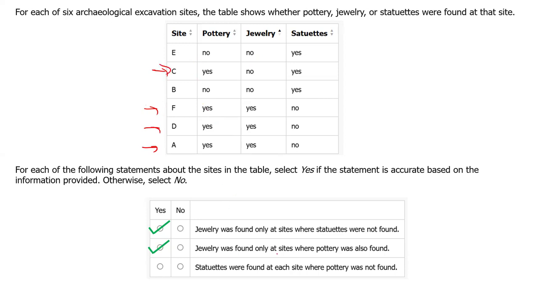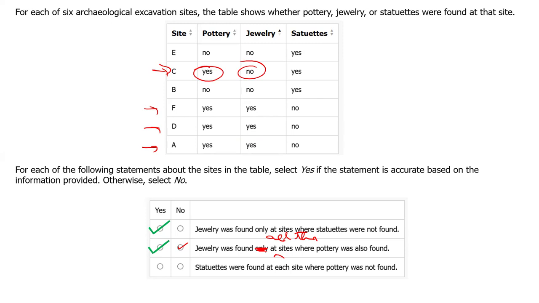In fact, again, if the question was that at all the sites where pottery was found, jewelry was also found, then again it would be a no. Because, for example, pottery is found here, but jewelry is not.